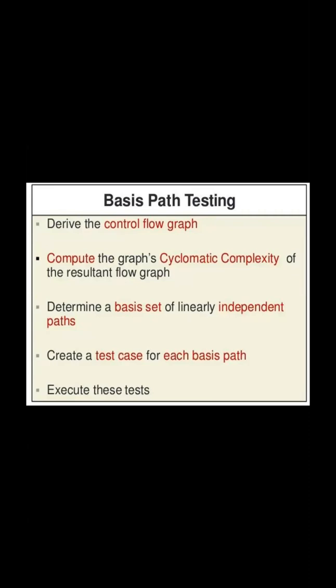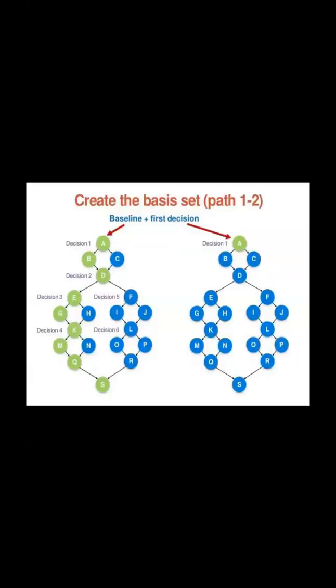Here we use the control flow graph, and we can easily compute the cyclomatic complexity by using basis path testing and determine the basis set of linearly independent paths. So we need to identify how many linearly independent paths are there in our project, then create a test case for each basis path, then execute the test. Those are the steps followed in any basis path testing.